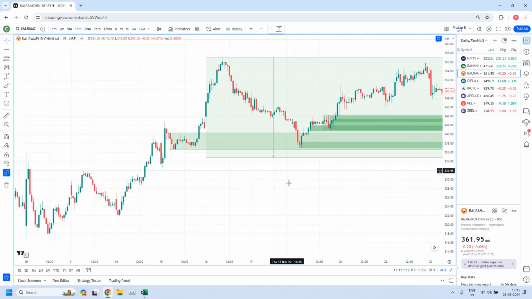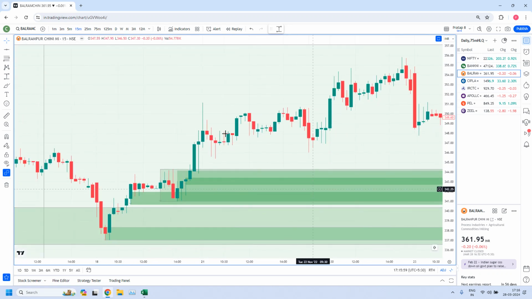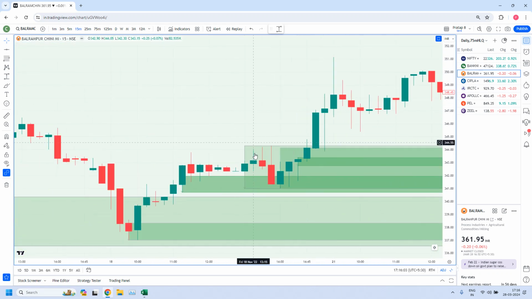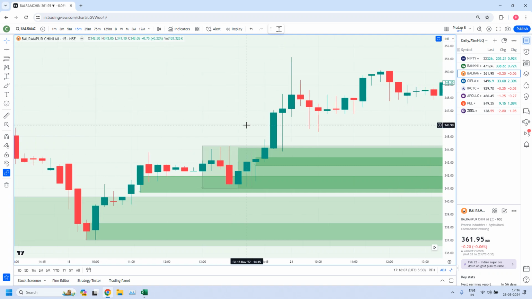We have two 75 minute zones, right? This is the first 75 minute zone, and here we have a 15 minute zone: drop, 1, 2, 3, 4 base candles and a rally candle, drop base rally.